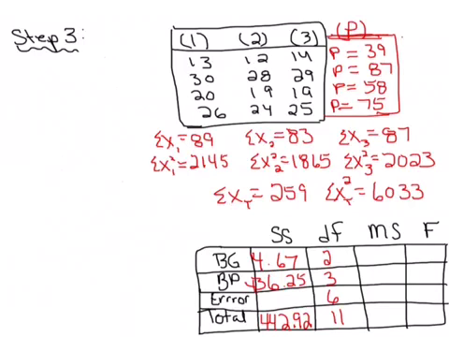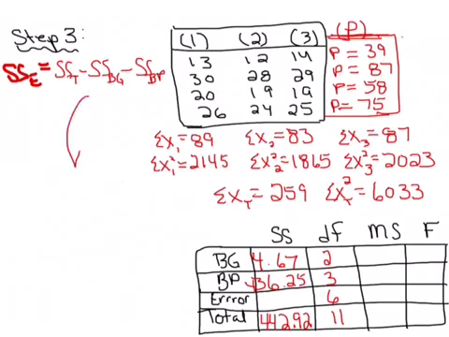So our sums of square error is our sums of square total minus sums of square between groups minus sums of square between persons. So what you calculated over here.